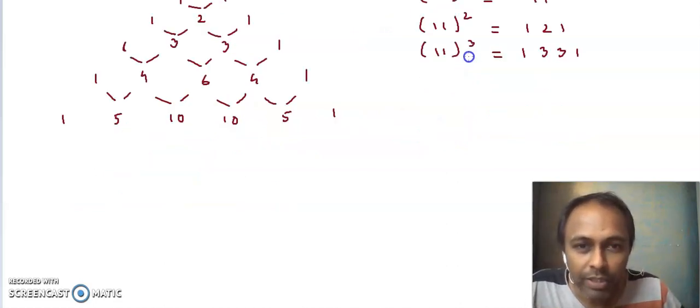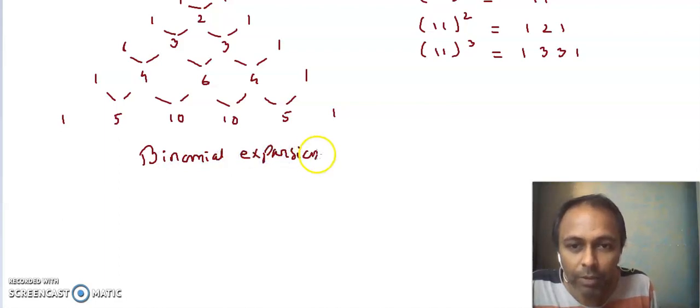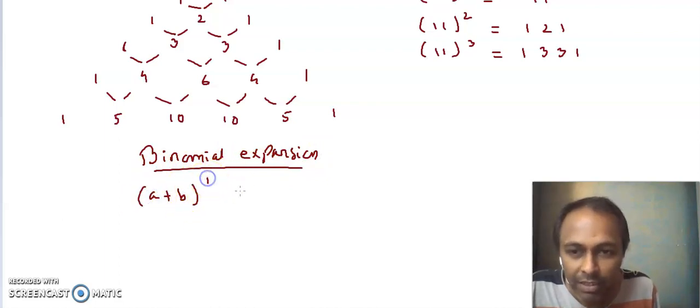But the more interesting thing about this Pascal triangle is binomial expansion. Binomial, as the name sounds, involves two terms. So let us consider a binomial expansion of degree 1.